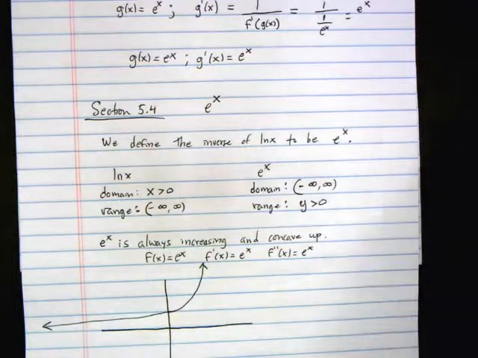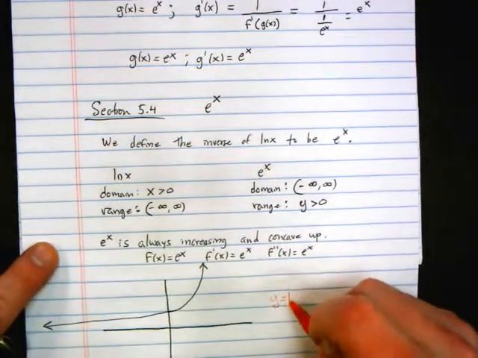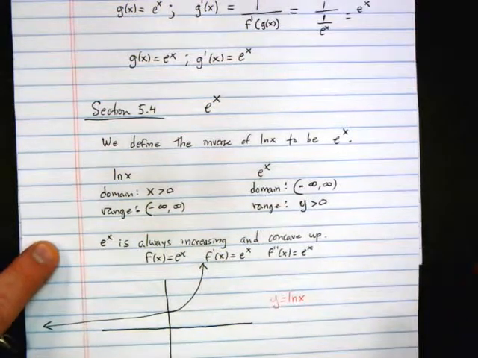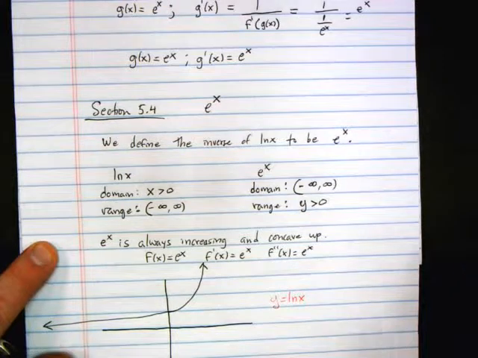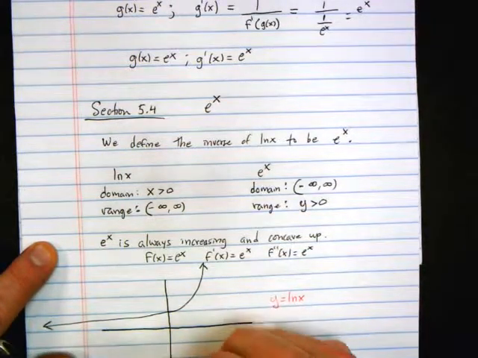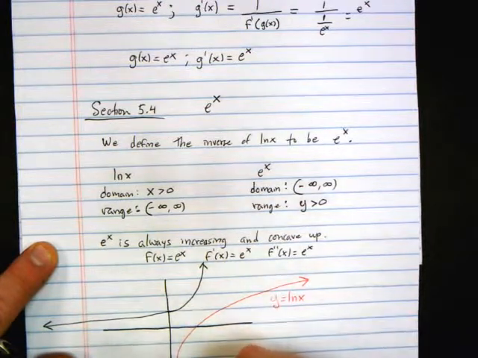That makes sense. Because what did the graph of ln x look like? It looked like that.